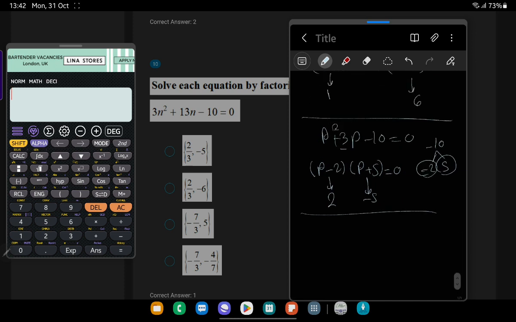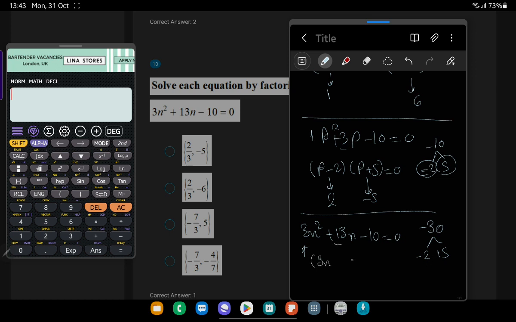When you have an example like this one, 3n squared plus 13n minus 10 equals 0, where the value of a is not 1, you multiply 3 by negative 10, which is negative 30, then find the factors. For example, negative 2 and positive 15, because when you add them it will give you positive 13.